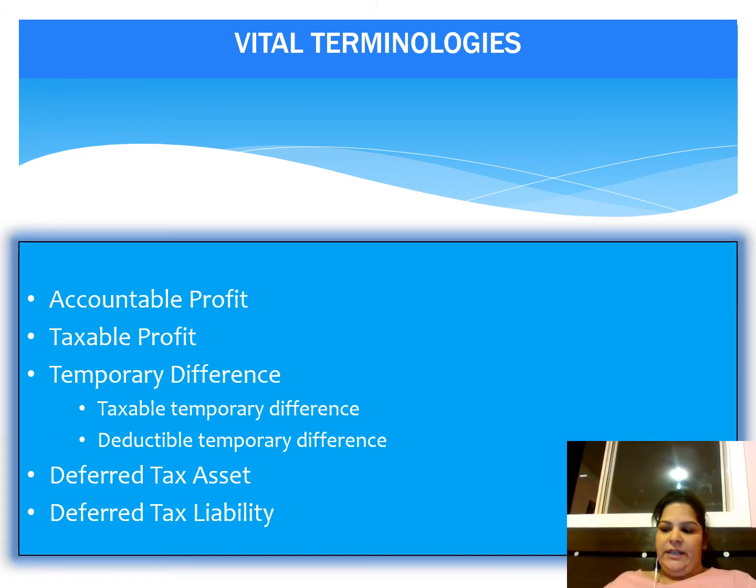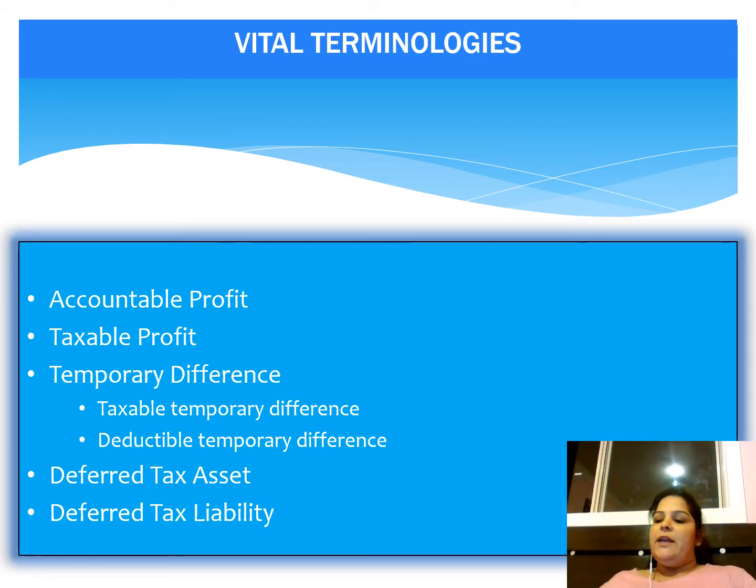The taxable profit is the significant profit or loss figure which is taxable under the Income Tax Assessment Act. Temporary difference is of two types: taxable temporary difference and deductible temporary difference. When the books and the tax income don't match, that is referred to as the temporary difference.